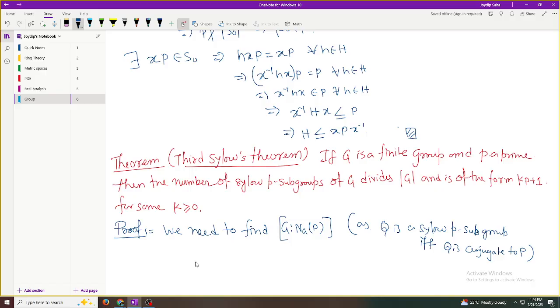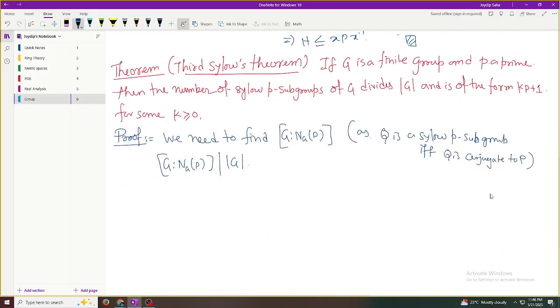Now G colon NGP divides order of G. So number of Sylow P subgroups divides order of G. Now next, first part is proved. Now we have to show that it is of the form Kp plus 1. Okay, Kp plus 1.